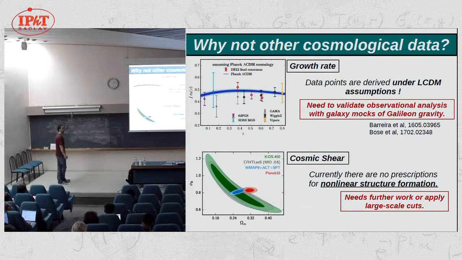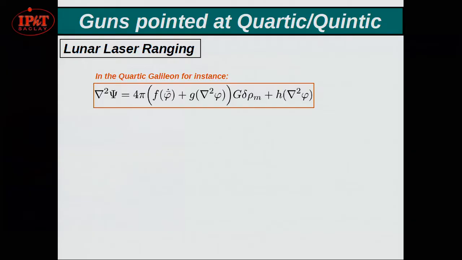So you need a prescription for nonlinear structure formation, including screening, that's currently unavailable for the Galileon model. So this has to be deferred for future work until these prescriptions develop, or instead we only use very large scales, but this will also diminish the constraining power of this cosmic shear data.